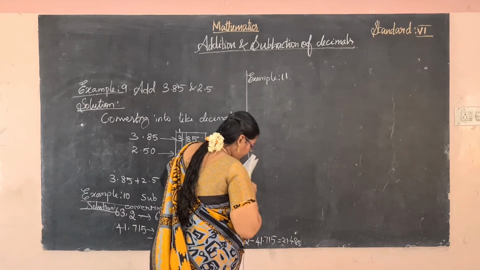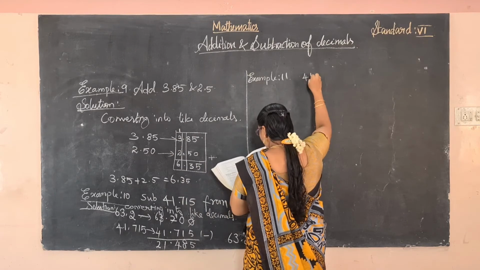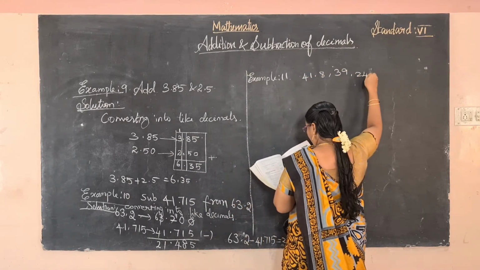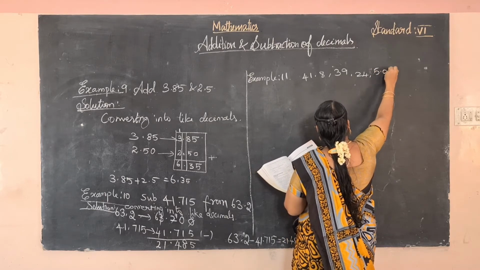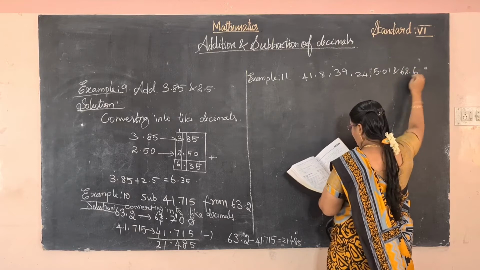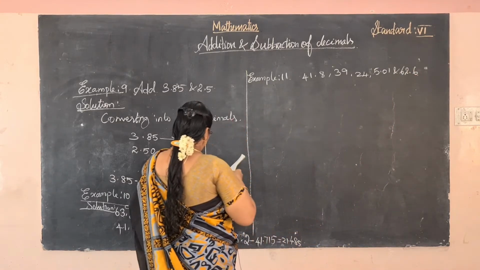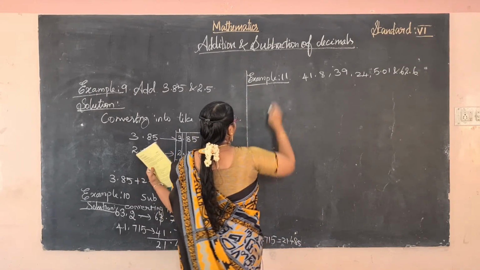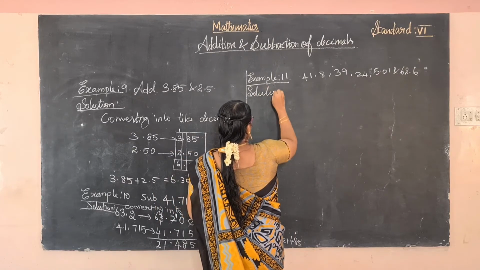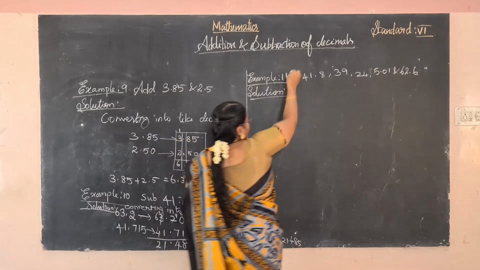Add 41.8, 39.24, 5.01 and 62.6. Add. What is given?